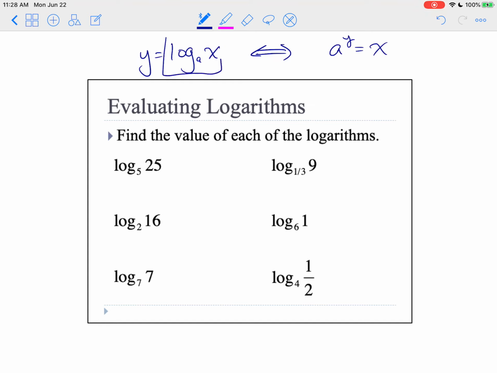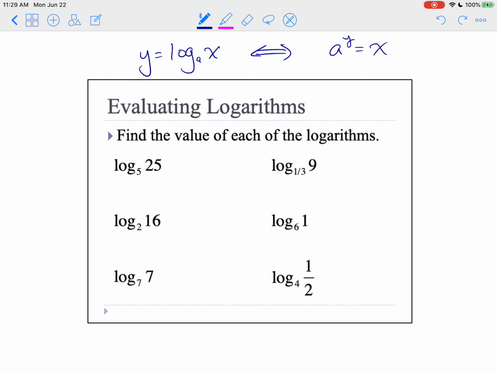So if we're just looking at this part of the equation, what that is equal to is the exponent on this part. So what this logarithm is really saying is, what would I raise a to get this value? So what exponent would I raise a to? What is the y that I would raise a to get the value inside the logarithm?